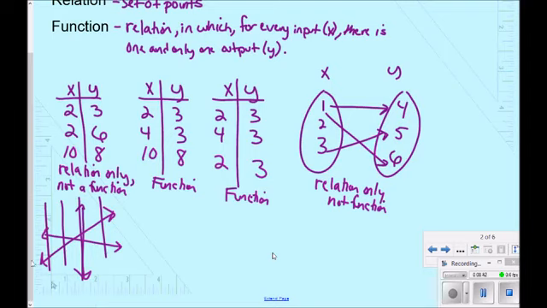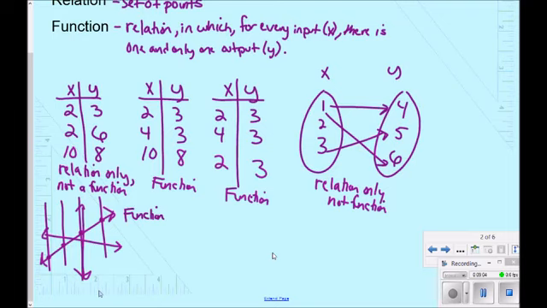And everywhere that the graph, which is this diagonal line, intersects the vertical lines, it should only intersect the graph at one point at a time on each of those vertical lines, which this does. This passes the vertical line test, which means, yes, this is a function.